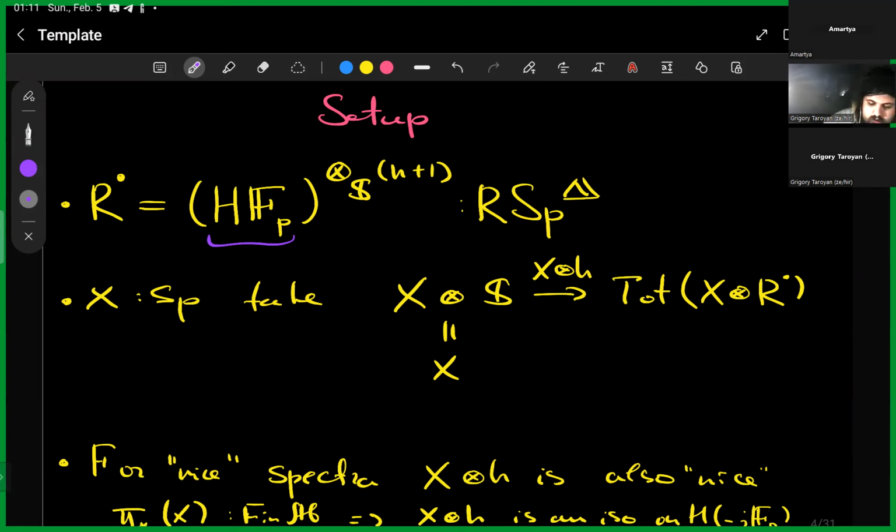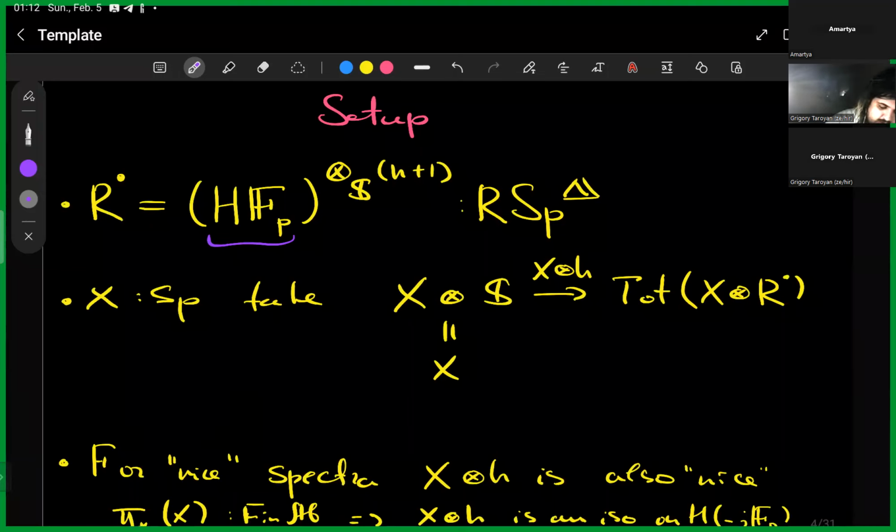And this is co-augmented over the sphere spectrum. Thus we have a map from the tensor product of X with the sphere spectrum into the totalization of this co-simplicial object.